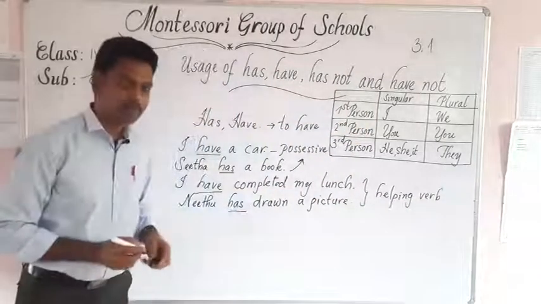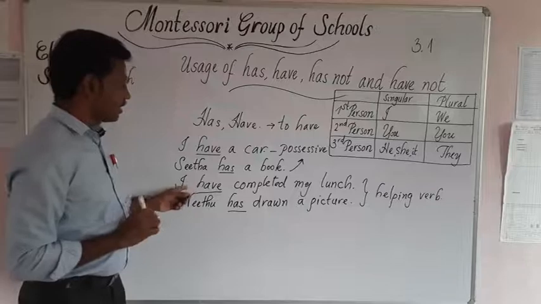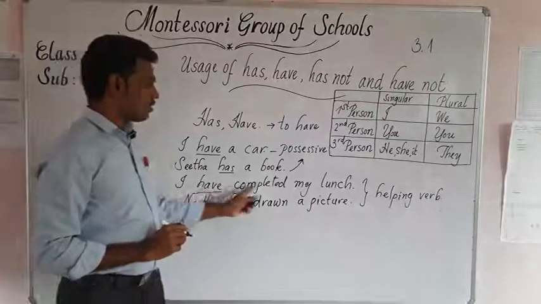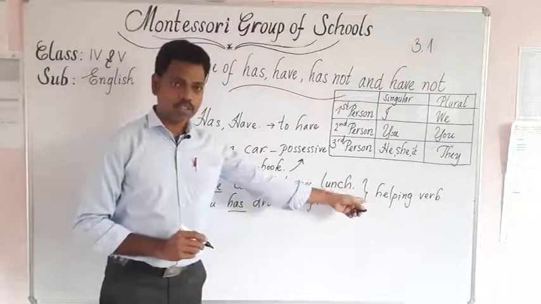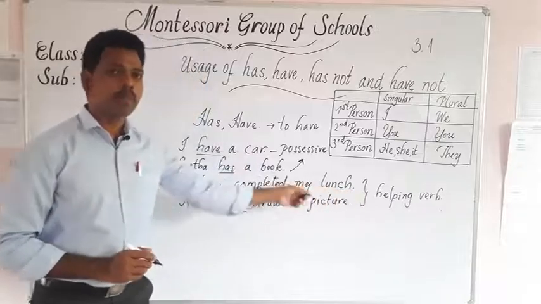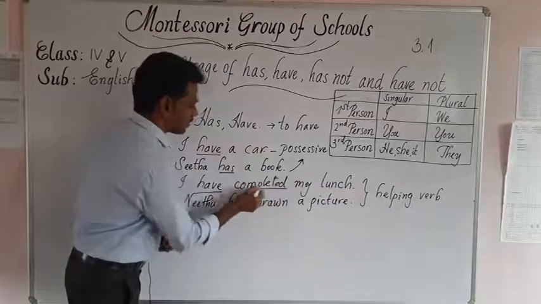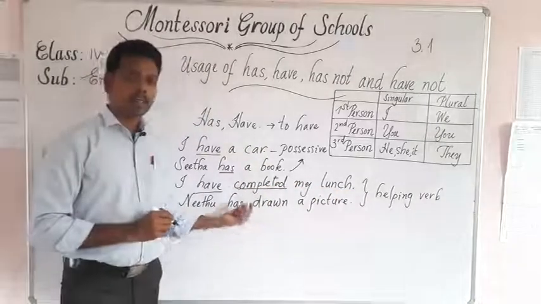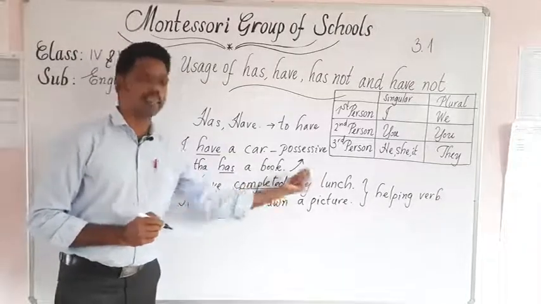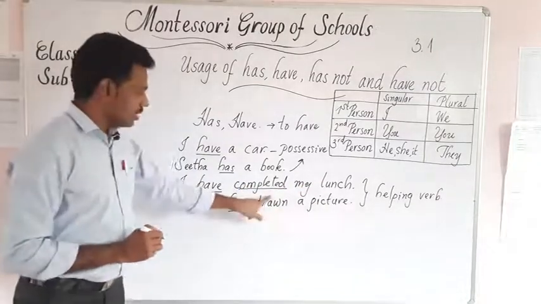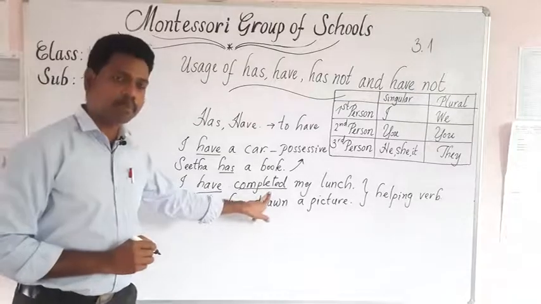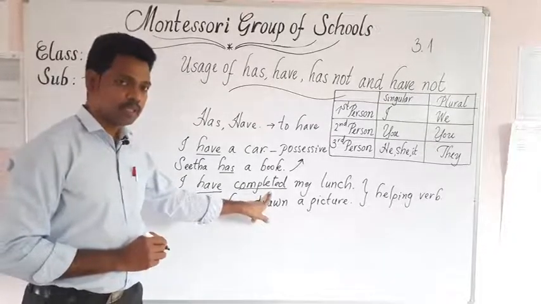You know how? Because in the sentence, I have completed my lunch, the main verb is completed. So here the word completed is the verb.